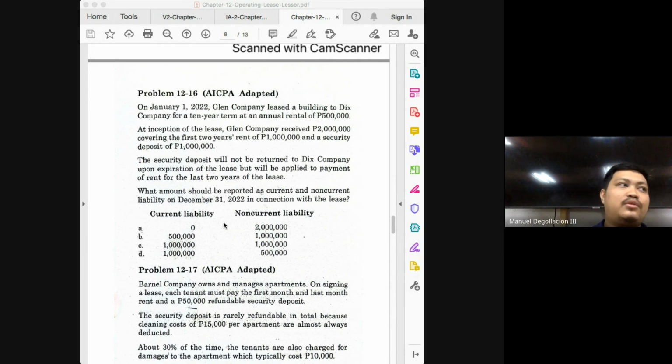Because current liabilities are those expected to be settled within 12 months or the normal operating cycle, whichever is longer, from the reporting date. Okay, so only the second 500,000 of the first 1 million is current. All unearned collection beyond the second year will already be a non-current liability. So that's why the answer there is B.